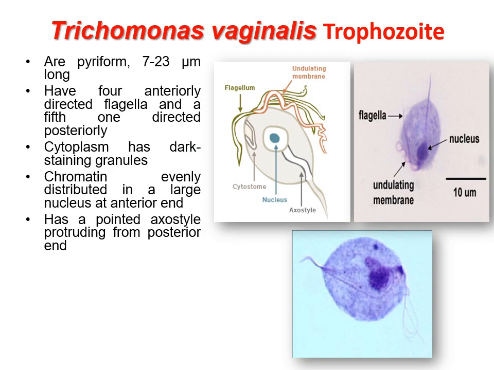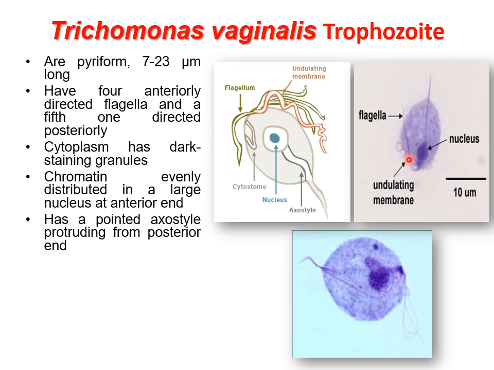As for the properties of the trophozoites in Trichomonas vaginalis, I want you to know that these trophozoites are also pyriform like those of Giardia lamblia. However, the number of flagella is different. While in Giardia lamblia trophozoites we can see 8 flagella, in Trichomonas vaginalis we have only 4 at the anterior part, and a 5th smaller one that is protruding from the axostyle at the posterior side.